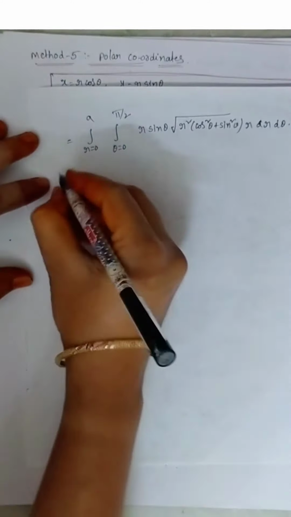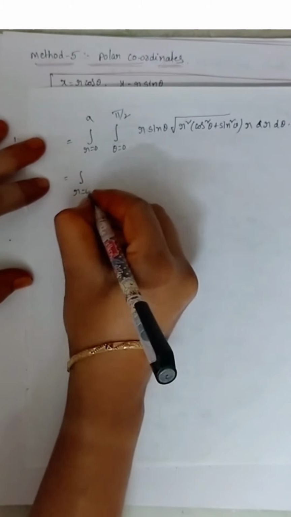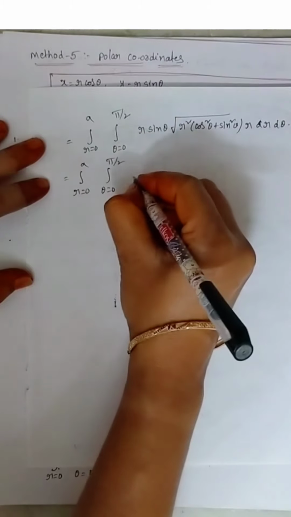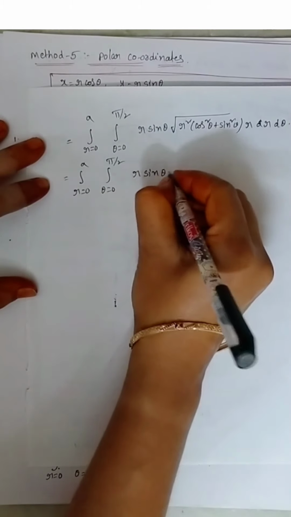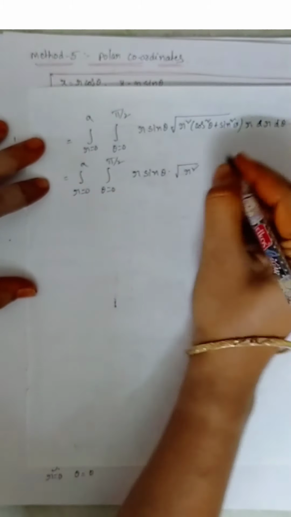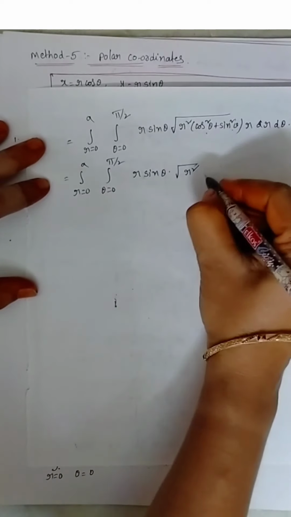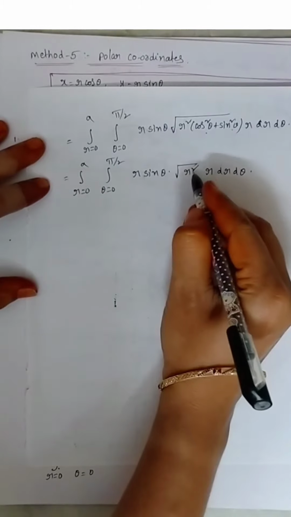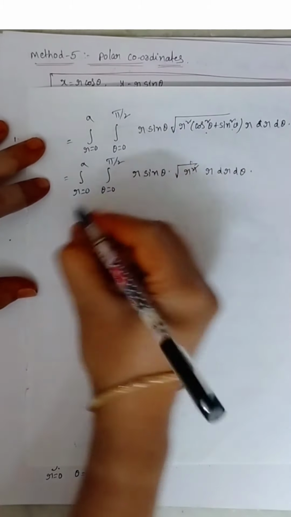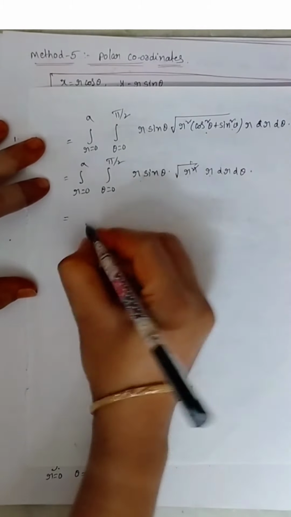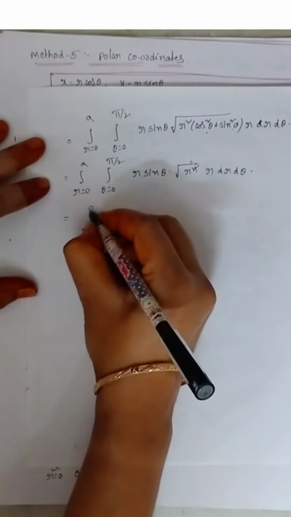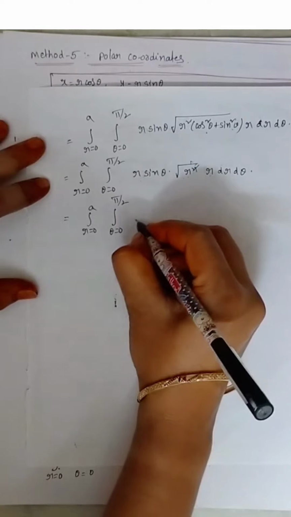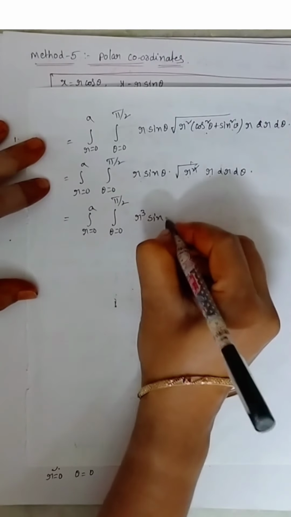This equals integral r equals 0 to a, integral theta equals 0 to pi by 2 of r sin theta into root of r square, since cos square theta plus sin square theta equals 1, into r dr d theta. Root and square get cancelled, r into r gives r cube sin theta dr d theta.